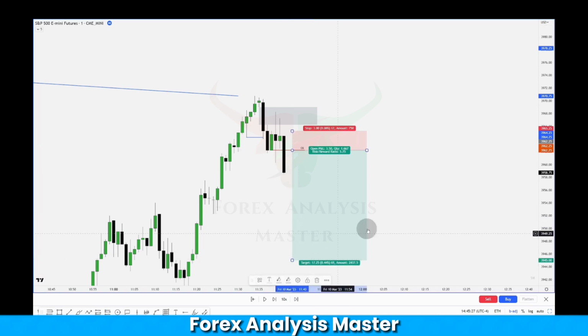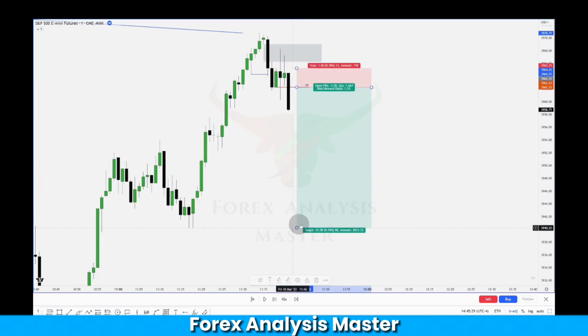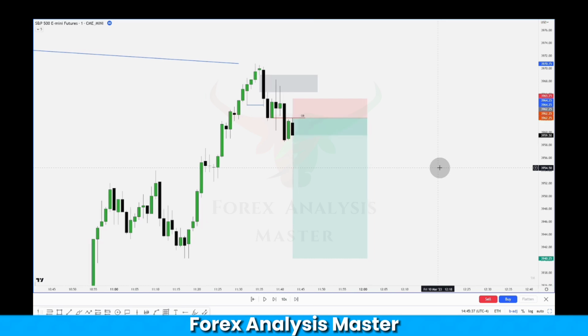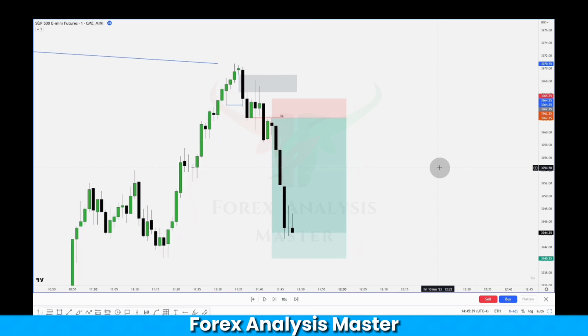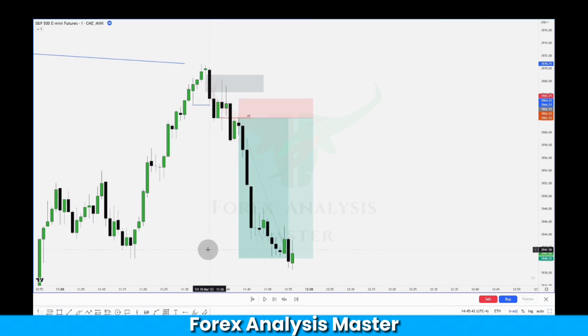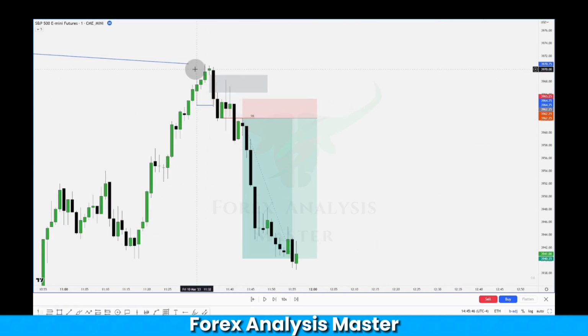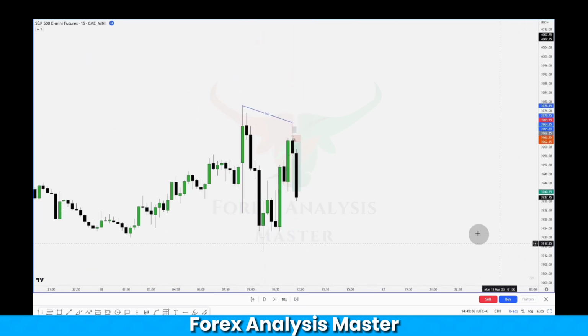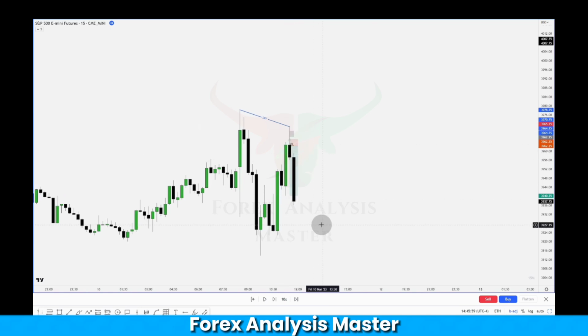And then we can target lows or wherever we are looking. And there we go. We hit our target, and that would be an example of taking this SMT on the 15-minute and using a lower time frame entry model to frame a trade.